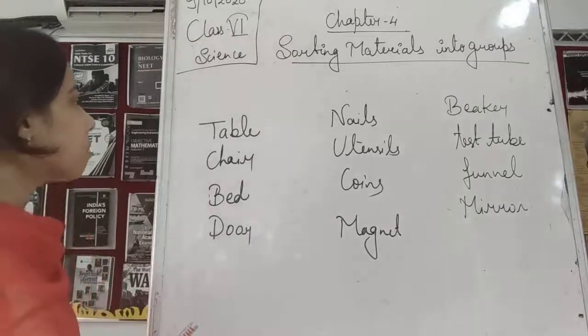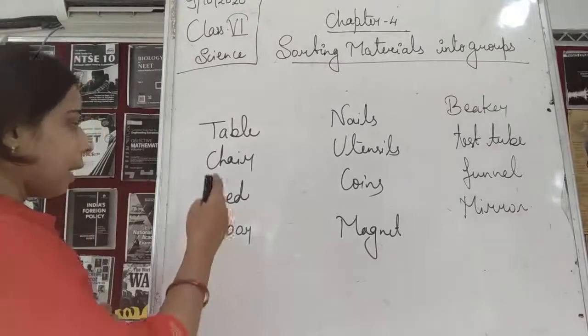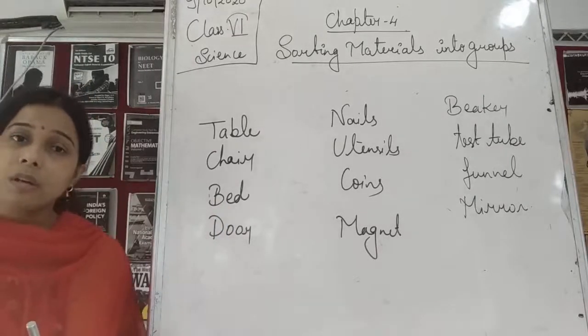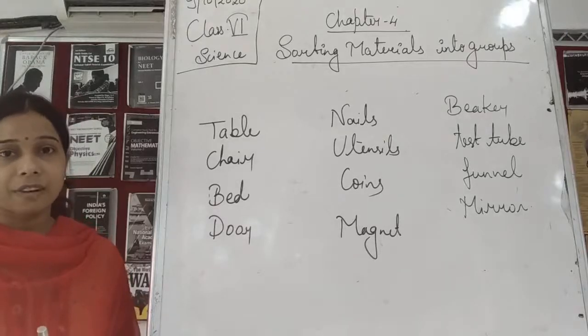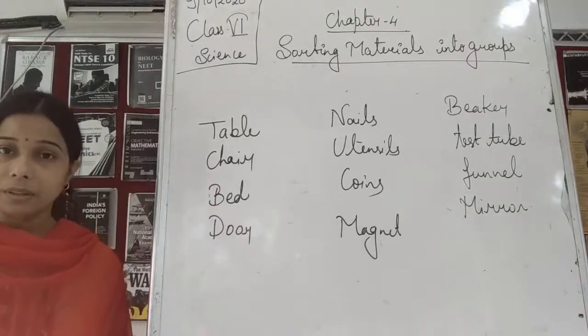The first one you see, table, chair, bed or door. These all are made up of wood.